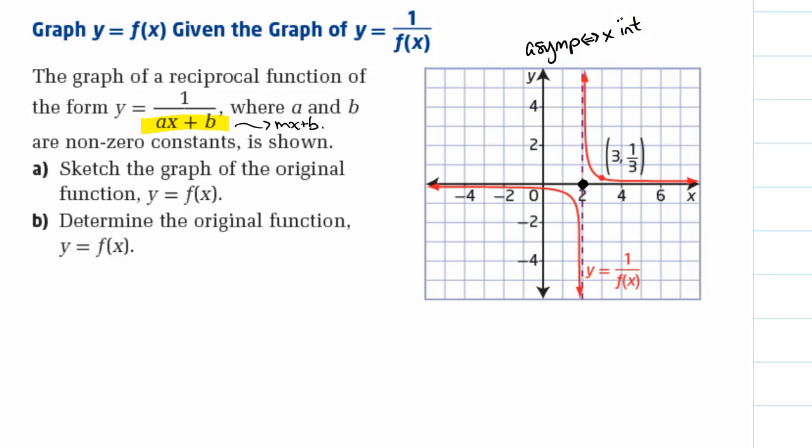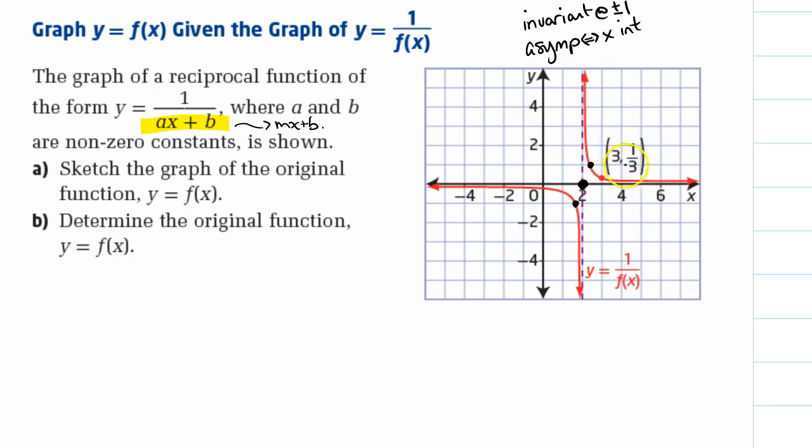I also know that my invariant points are when y equals 1. And it can be positive or negative 1. So I've got those points right there as well to kind of help guide me along.